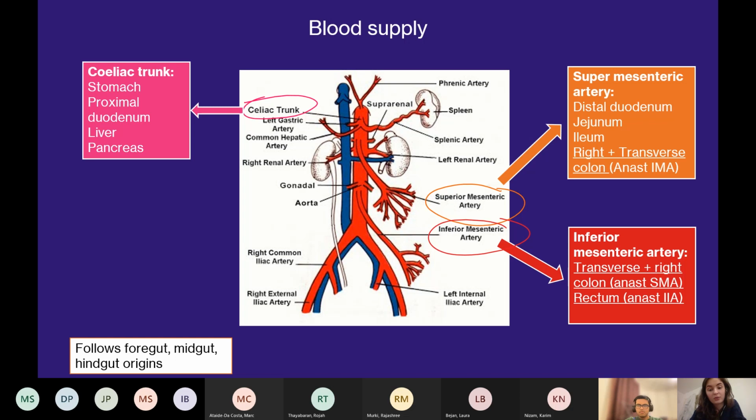angiography and stuff where you're looking. And I think it also just helps to make a bit of sense of why certain things happen. And then the inferior mesenteric artery does your left side of the colon, and it has a dual supply with anastomoses from the right.